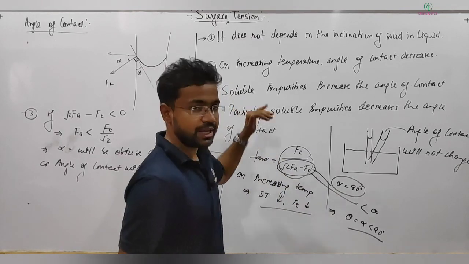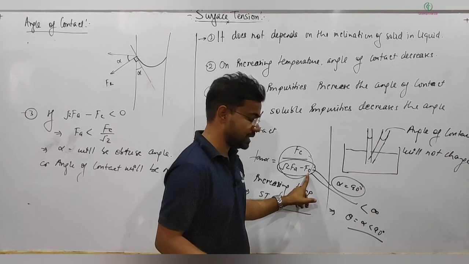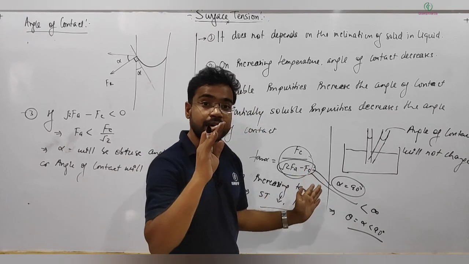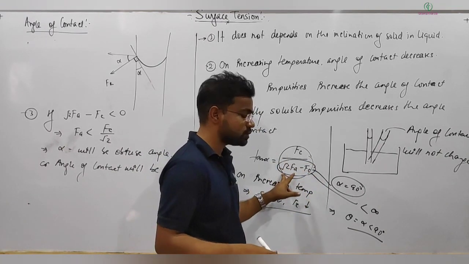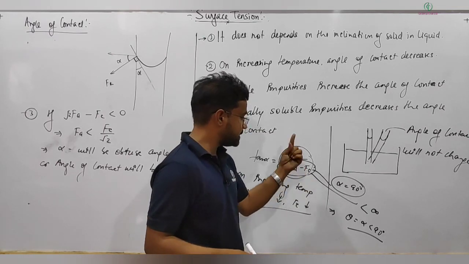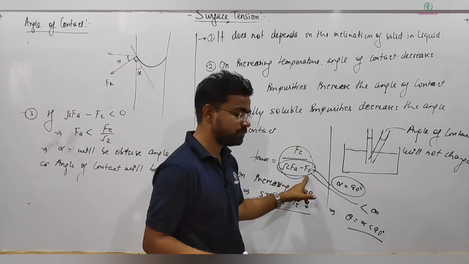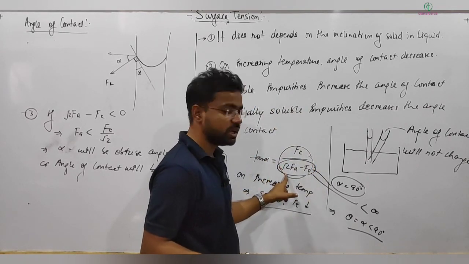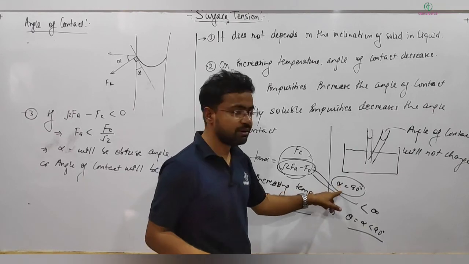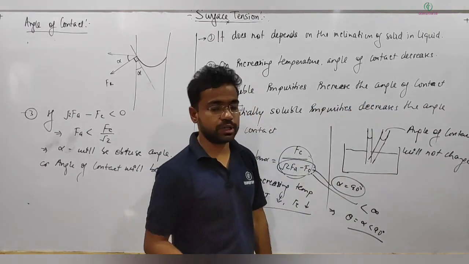Surface tension increases means cohesive force increases. So if initially this quantity is 0, and surface tension increases, then this quantity will become negative. That means alpha will become greater than 90 degree, and that's what increases the angle of contact.